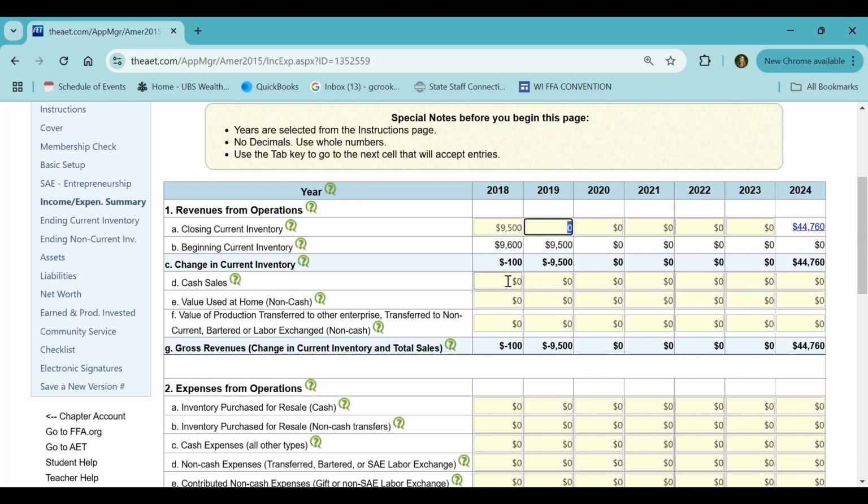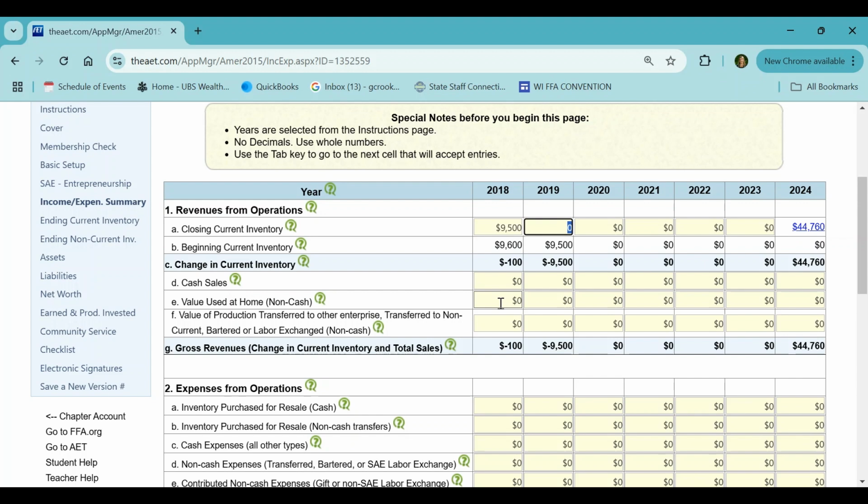So maybe it was a steer you sold at the fair, or it could be eggs that you sold from your chicken, or it could be crops that you sold, or plants that you sold. So cash sales are items that you sold that you were planning on only keeping for less than a year or for short term.